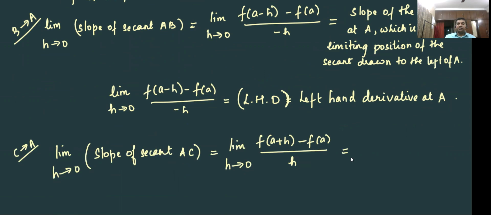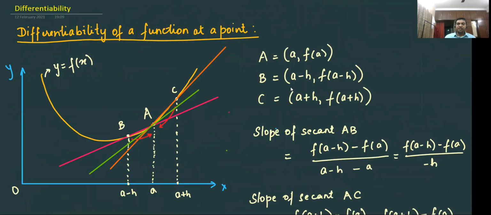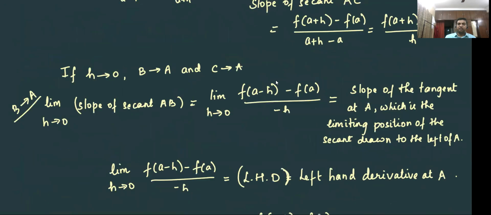Now what happens when c moves towards a? When c moves towards a, this orange colored line coincides again with this green line.